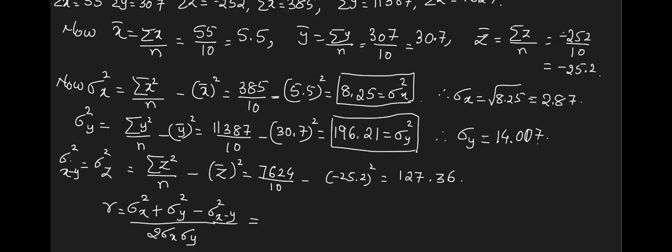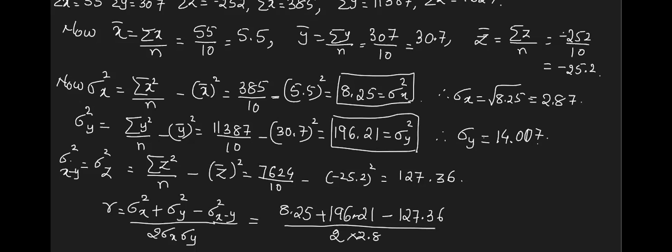What is the value of sigma square x? 8.25 plus 196.21 minus sigma square x minus y, 127.36, divided by 2 into sigma x, which is 2.87, into 14.007.